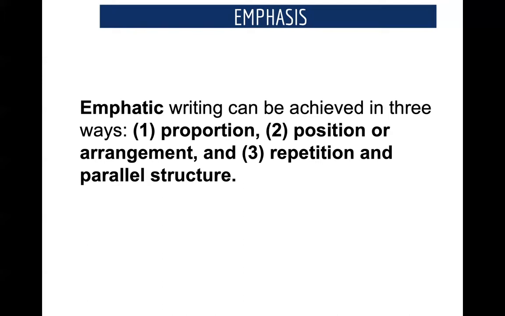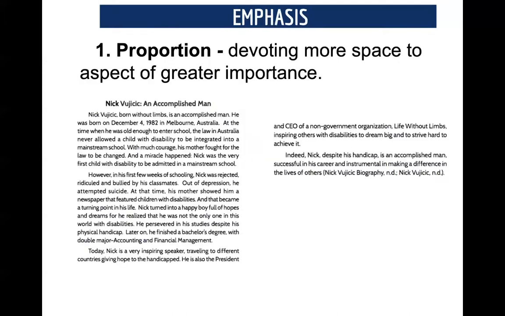So this emphasis or emphatic writing can be achieved in three ways: the use of proportion, positional arrangement, and repetition or parallel structure. The first one, proportion, only means devoting more space to the aspect of greater importance. So as a writer, when you write an essay, you need to consider which is the most important idea.